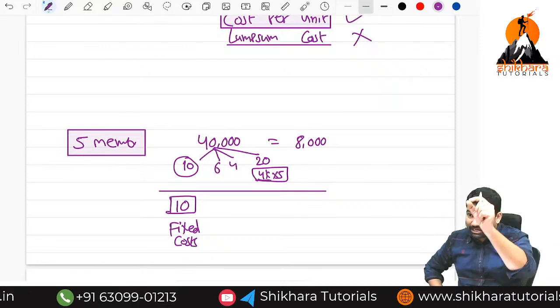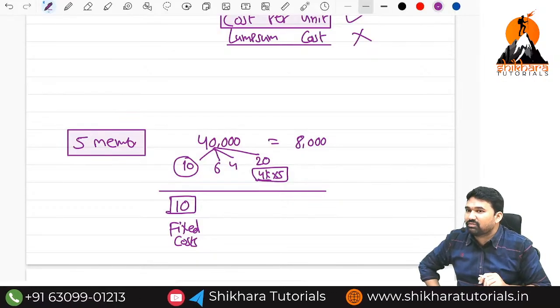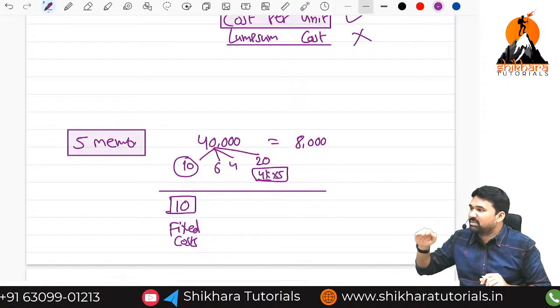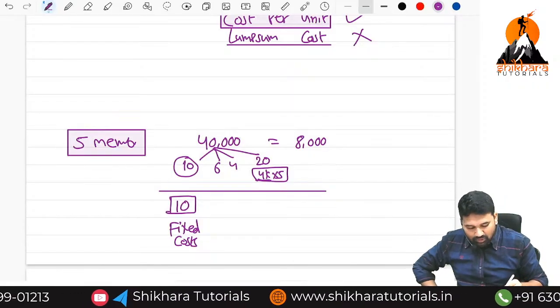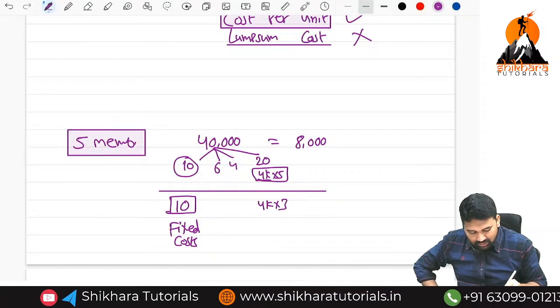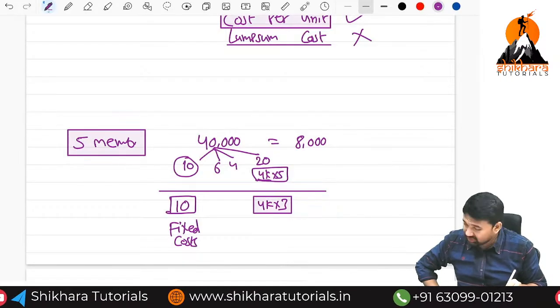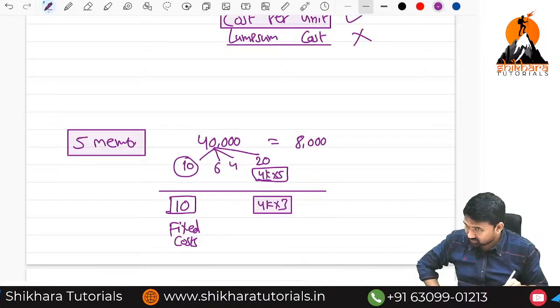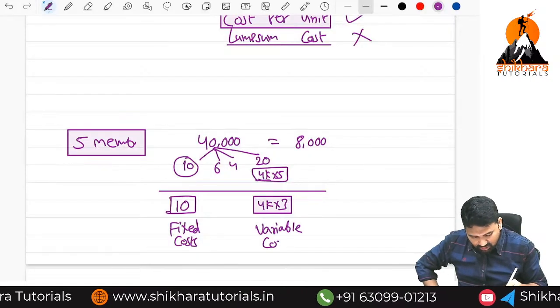It is actually decreased. Why? Because out of 5 members, only 3 members showed up for the tour. So 4K into how many members? 3 members. How much is it? 12,000. So these kinds of costs are called variable costs.